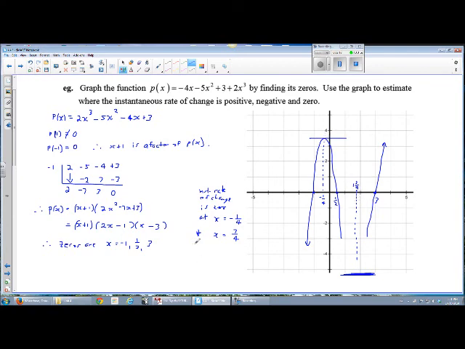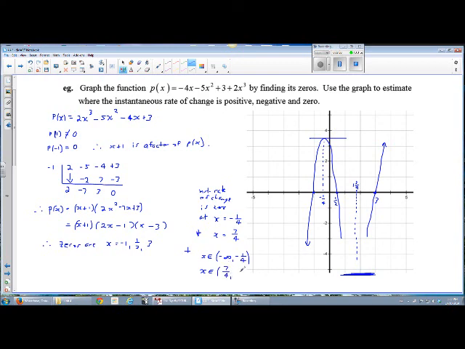So it'll be positive for x from negative infinity to negative 1/4, and use a round bracket because it doesn't include negative 1/4, because right at negative 1/4 there's a horizontal tangent, which is where the slope is not positive, it's actually 0, and then from 7/4 to positive infinity.